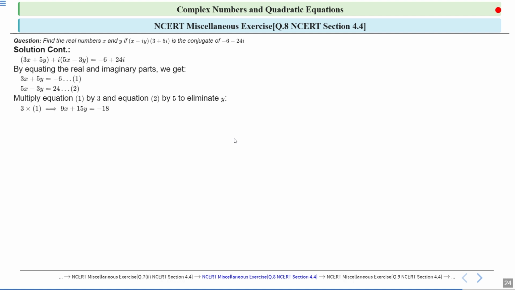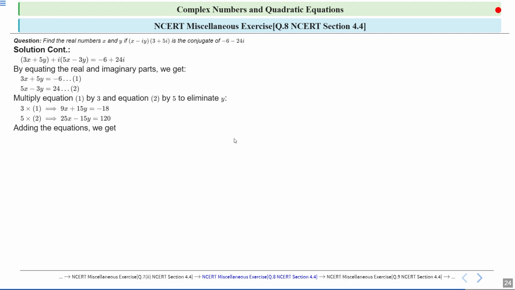This is our new version of the first equation. Now multiplying equation 2 by 5 gives us 5 times 5x minus 3y equals 5 times 24, which simplifies to 25x minus 15y equals 120. This is our new version of the second equation.